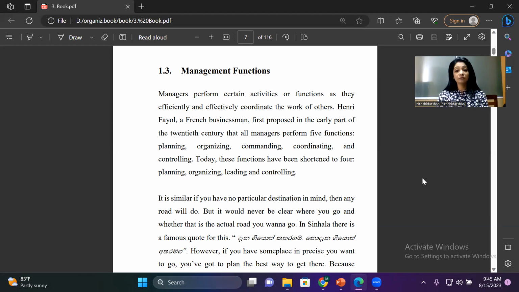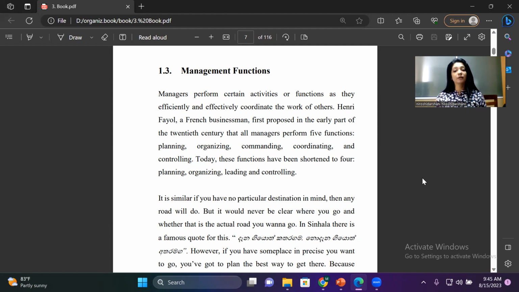When it comes to management functions, we have 4 functions under management, right? Planning, leading, organizing, and controlling. We have already discussed all of this in the lectures, but I will again show you and explain a little bit how we are going to write this.